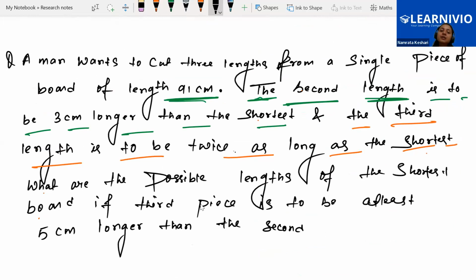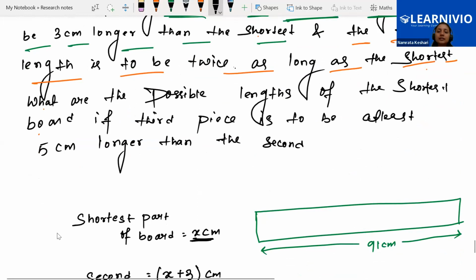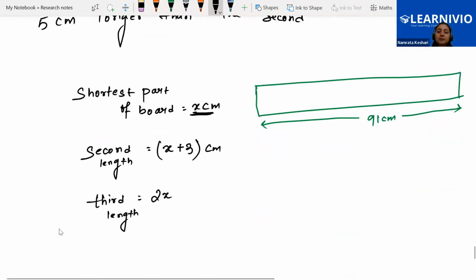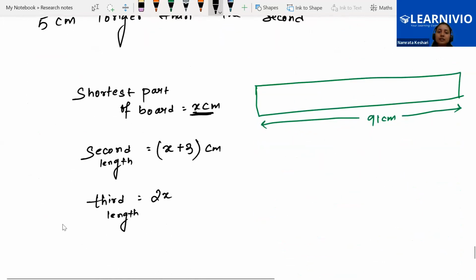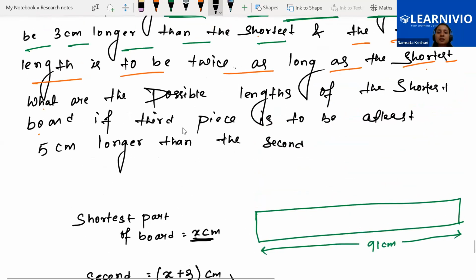If the third piece is to be at least 5 centimeter longer than the second. Can you tell me what is given over here? The third is 5 centimeter longer than the second. What can be written by using these two? If the given statement is this, the last statement, read it.